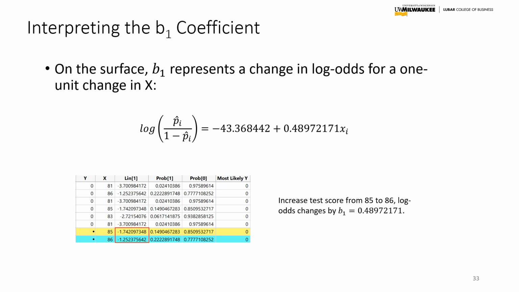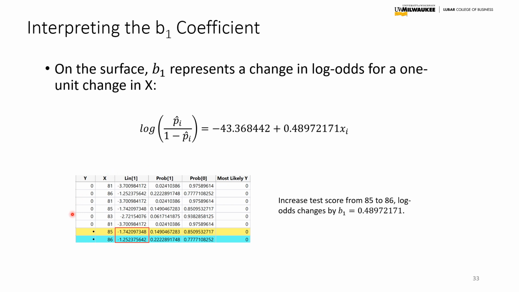For a simple regression, the interpretation of B1 is straightforward: change in Y for a unit change in X. However, in our case, the line that we have is affiliated with a Y variable being the log odds or the logit.